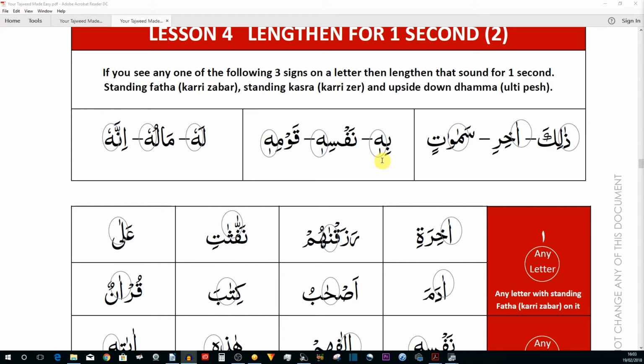It's going to be like kasra ya sukun. And the last one, which is an ulta pesh or inverted dhamma, or it looks like a number 6, is going to be a dhamma with a waw sukun. Okay, and that's u. So you have a, e, oo. Exactly same sound, exactly same ruling, except it's written differently.